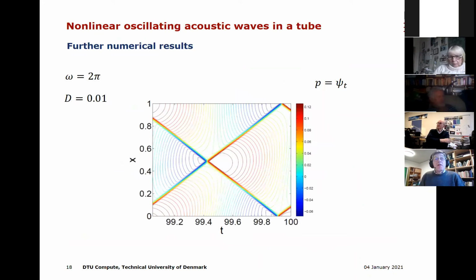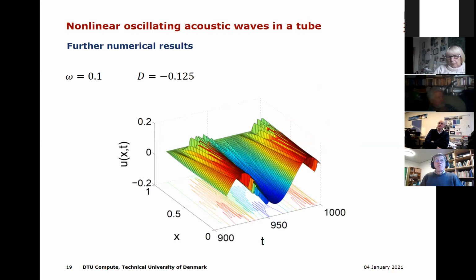Here is a contour plot of the pressure, and actually when I'm measuring the velocity of these propagating shock waves, I see the velocity is not 0.75, but it's actually 1. So these solutions I'm showing here are different from those we have from the collective coordinates.